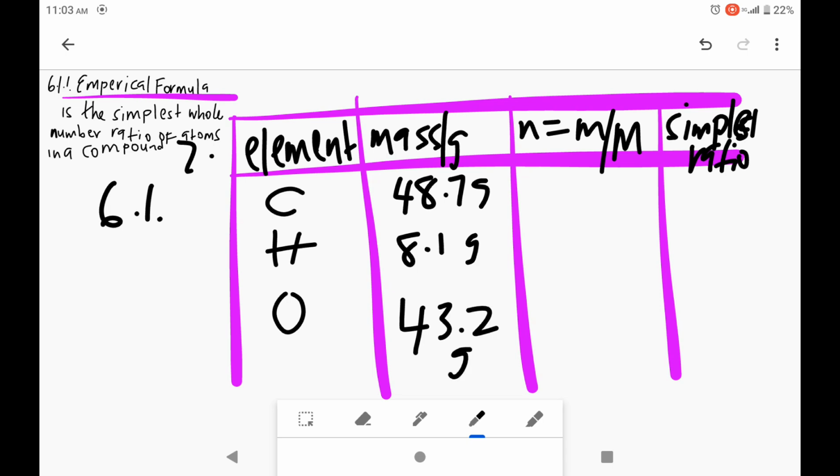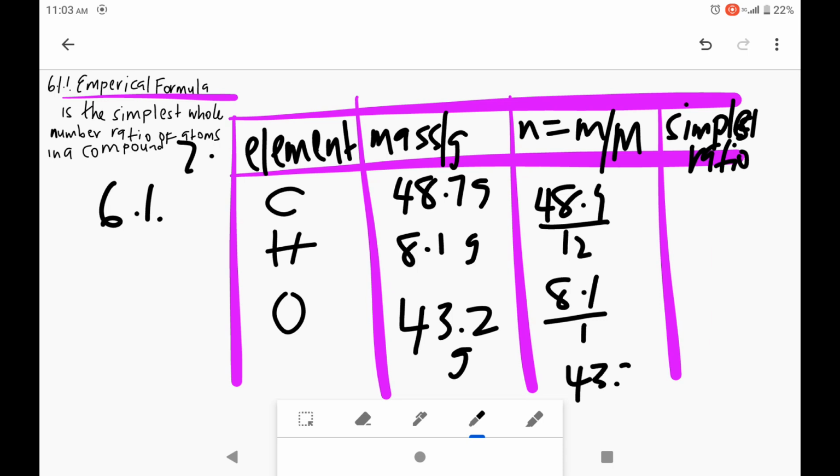And then let's go to the formula. You know this formula: number of moles equals mass divided by molar mass, which is small m divided by capital M. So the mass is 48.7 divided by 12, 8.1 divided by 1, and 43.2 divided by 16. I'm dividing with the molar mass.